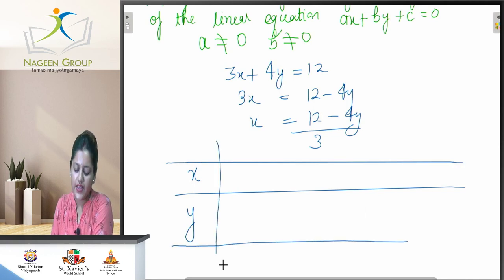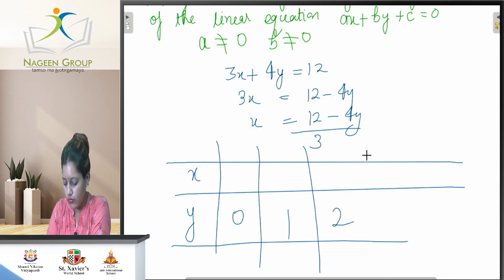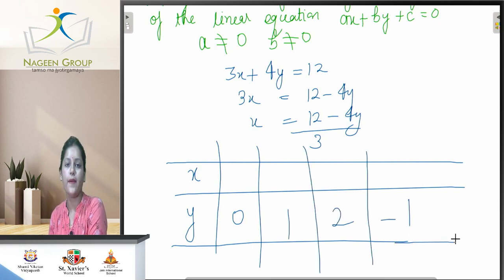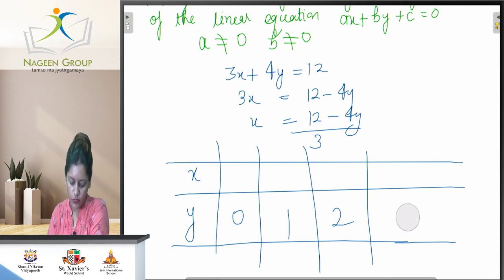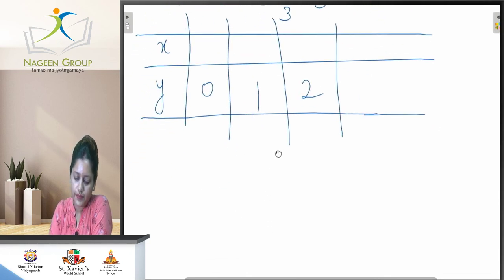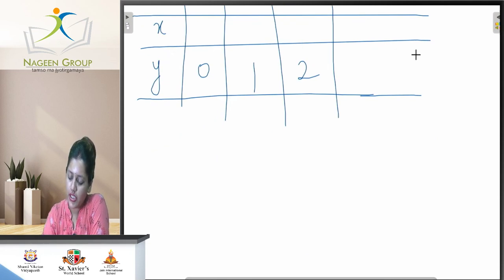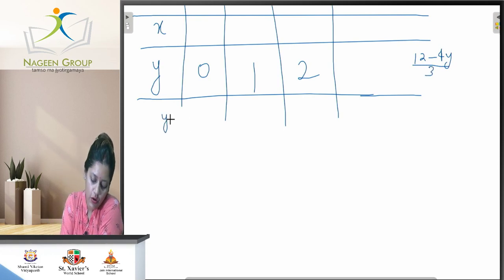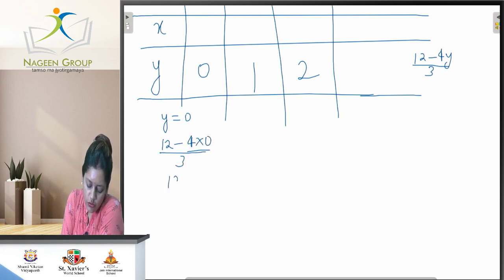So here we are putting the values of y: 0, 1, 2. We are not putting a negative value because the line is different. Now our equation is x is equal to (12 minus 4y) by 3. When y is equal to 0, then 12 minus 4 into 0 upon 3, what is 12 by 3? That is 4.